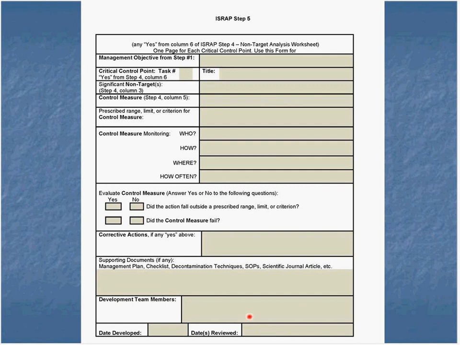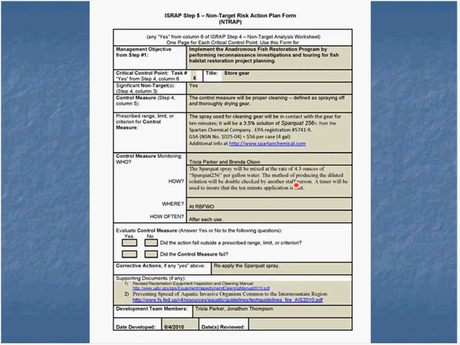So I will look at Trish's plan. Sorry, I'll focus there. So her management objectives, the title, she's going to store the gear, on targets.